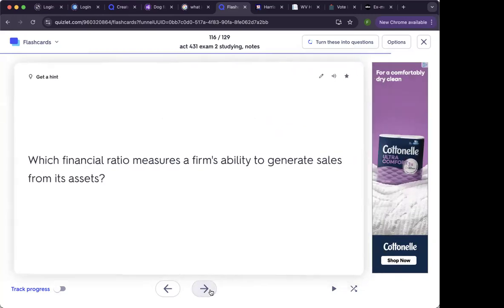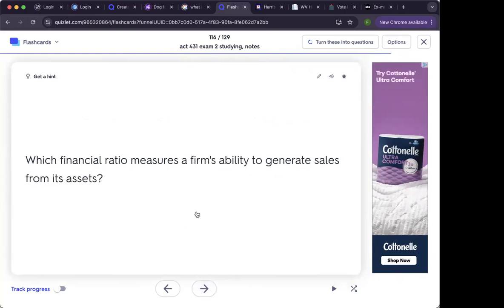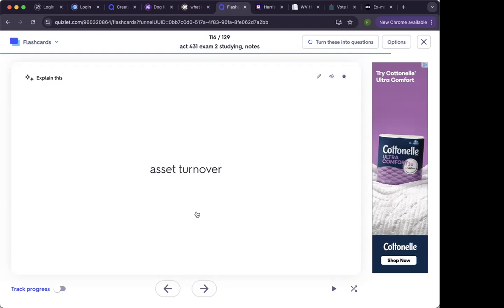Which financial ratio measures a firm's ability to generate sales from its assets? Asset turnover. Sales divided by assets.